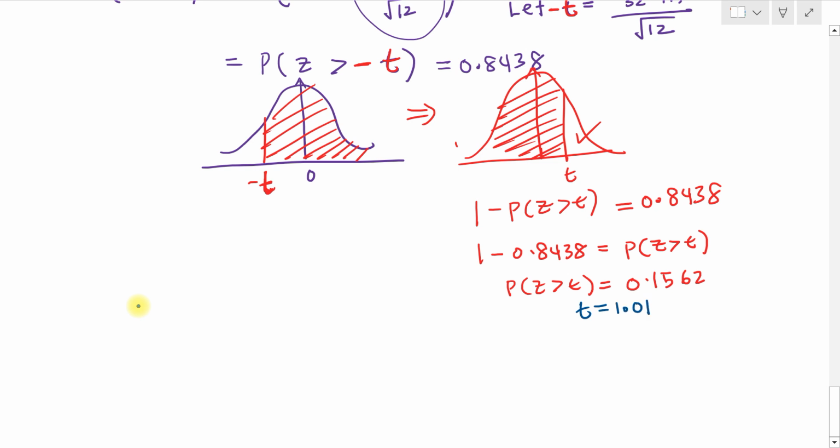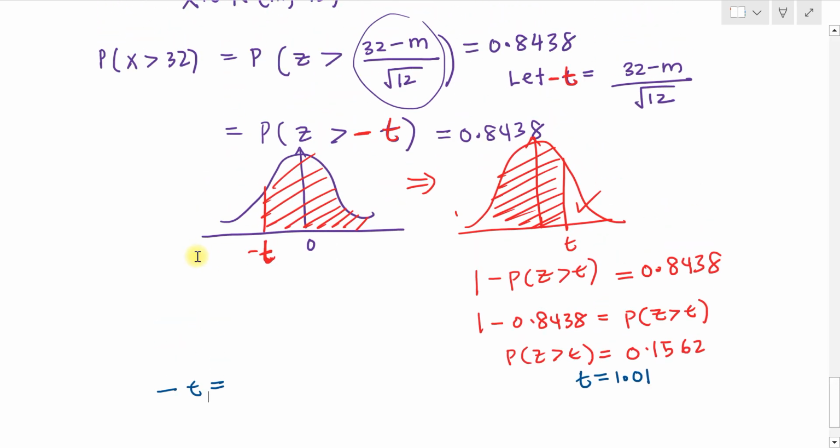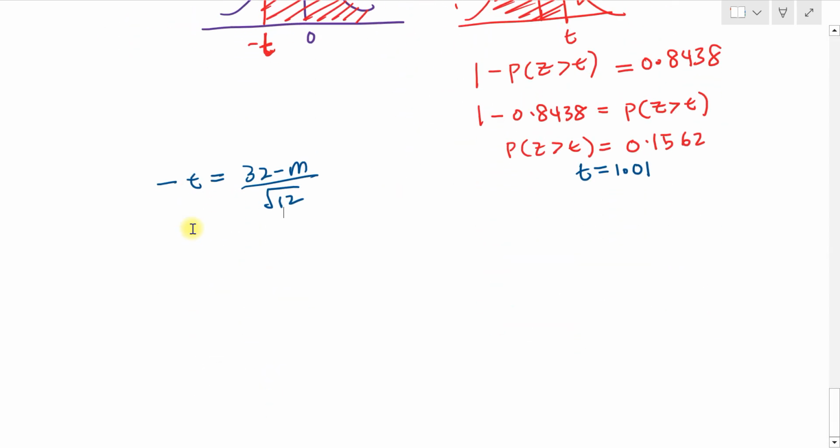Okay. So T is equal to 1.01. The story doesn't end there, because what is your negative T? Negative T is 32 minus M over square root 12. Now you substitute. T is 1.01. Multiply by square root 12 is equal to 32 minus mu. Okay, so what do we get? Negative 1.01 times square root 12. This one you should be getting negative 3.4987.